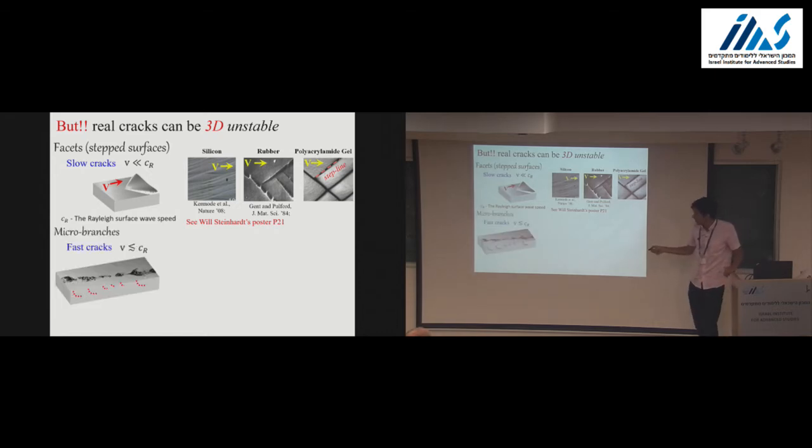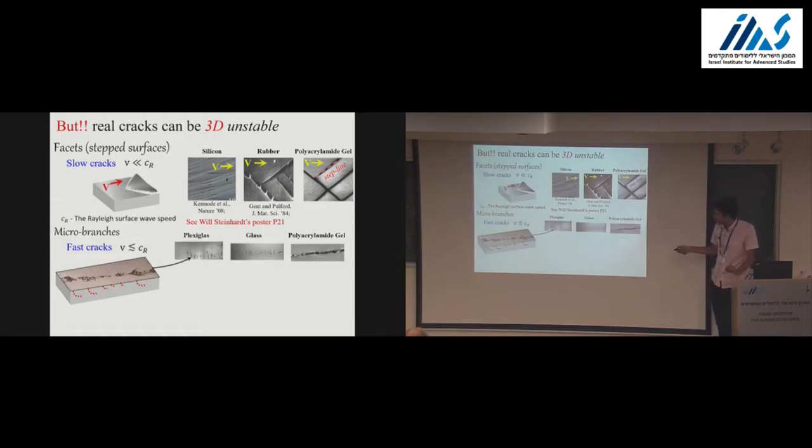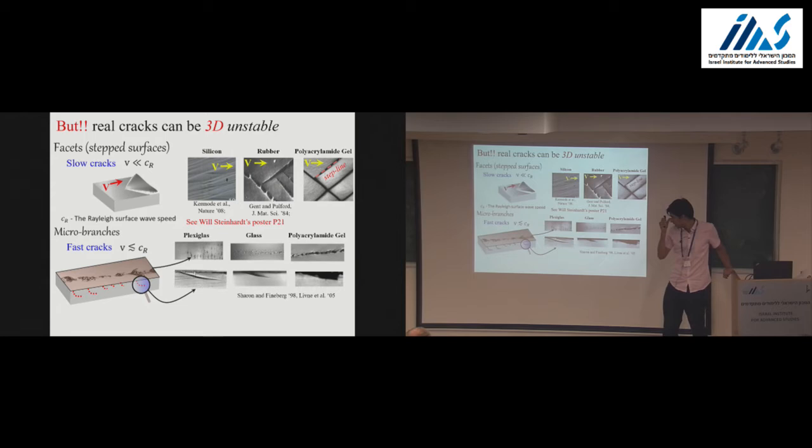Another type of structure, which you heard about earlier today, is microbranches that appear in fast fracture. Microbranches are structures that are localized across the fracture surface, and they consist of cracks or microcracks that penetrate into the material.